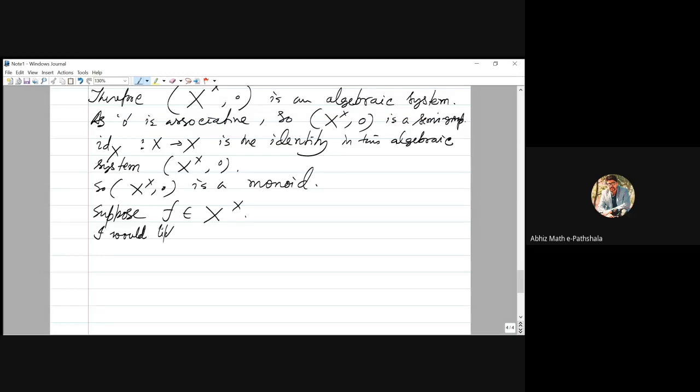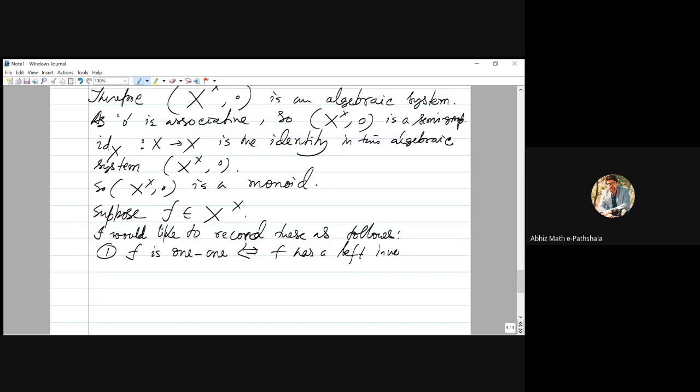I would like to record these as follows. Number 1, f is 1-1 if and only if f has a left inverse. Now it is your task to check, okay?